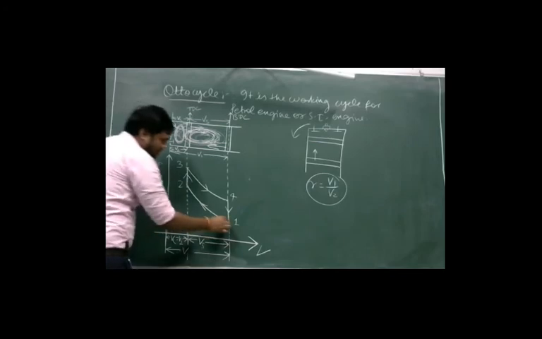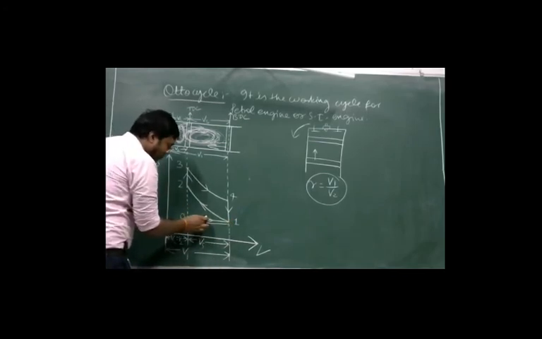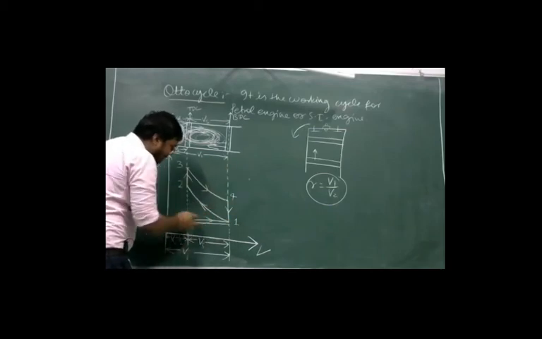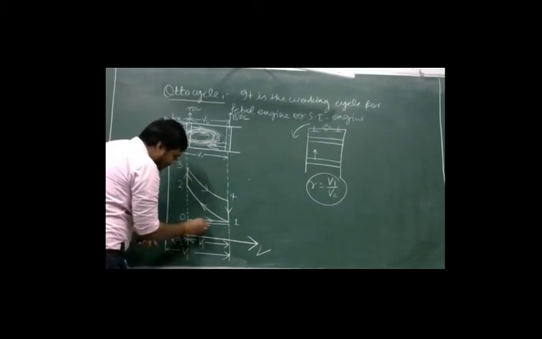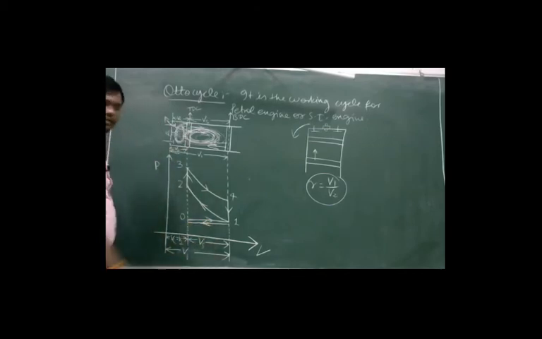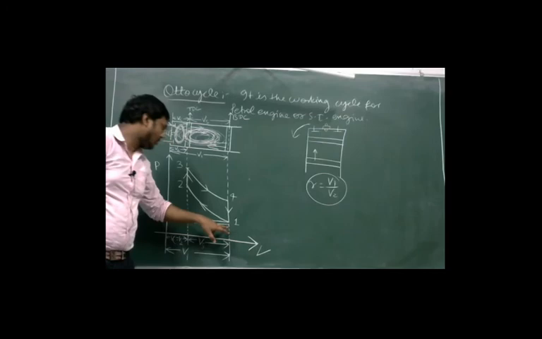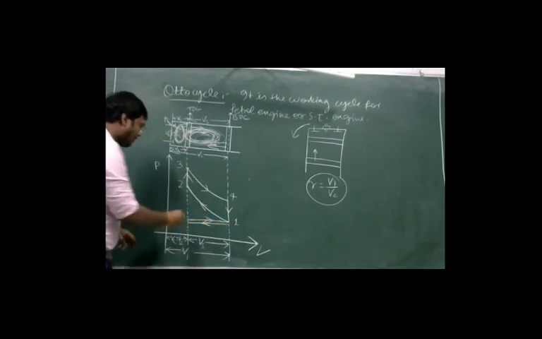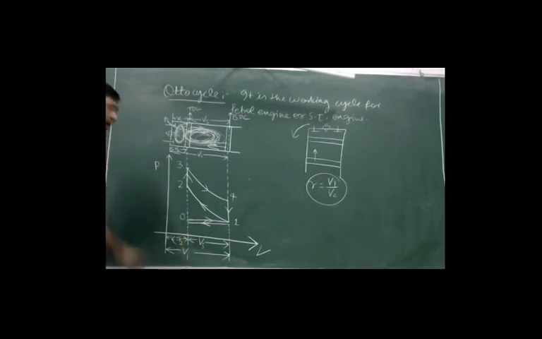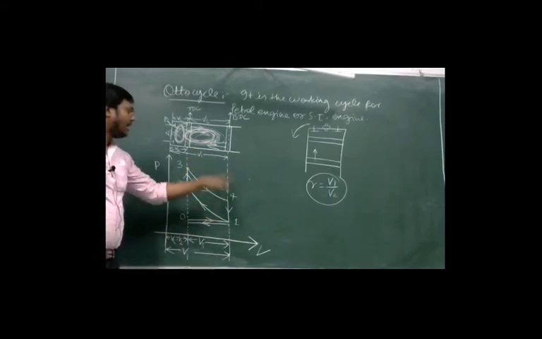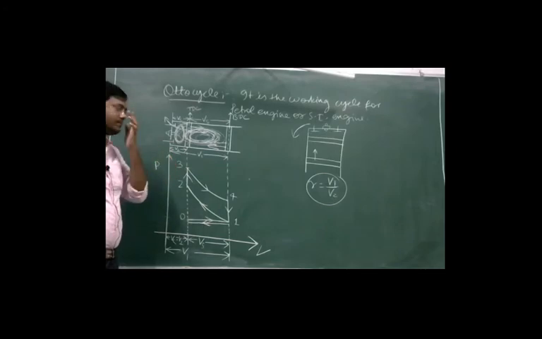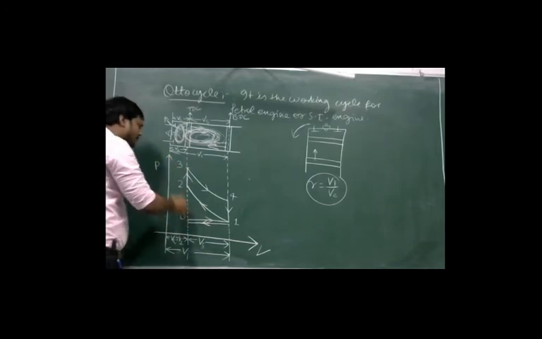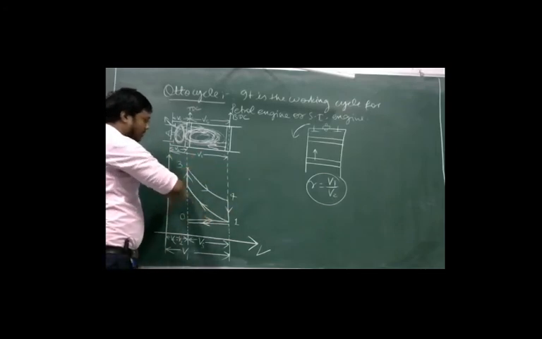This is the exhaust stroke from 1 to 0, and now we are moving from BDC to TDC, so the arrow should be like this. This is the last stroke, the exhaust stroke at constant pressure. So we have come to the initial point, that is point 0. Again this cycle will repeat itself and we will get work from the system. So this is the Otto cycle on the PV diagram.